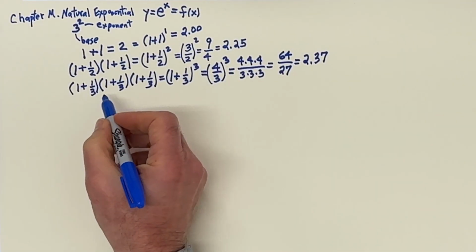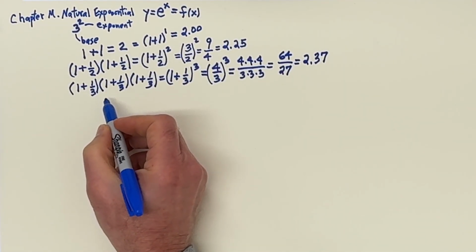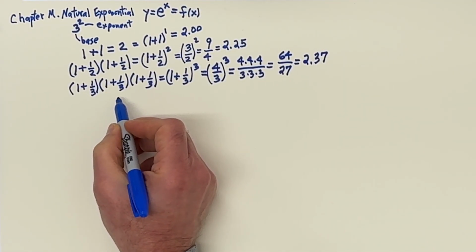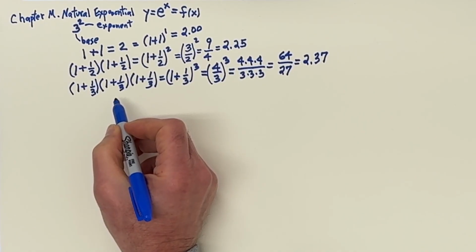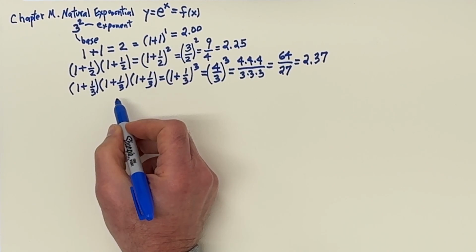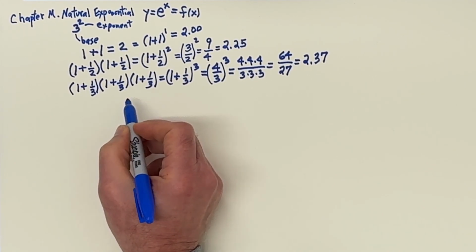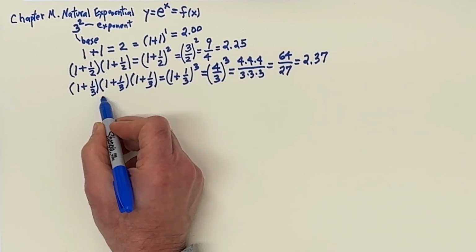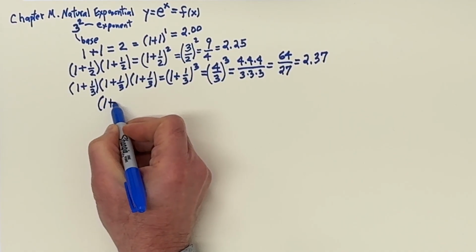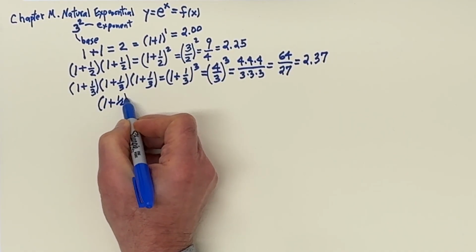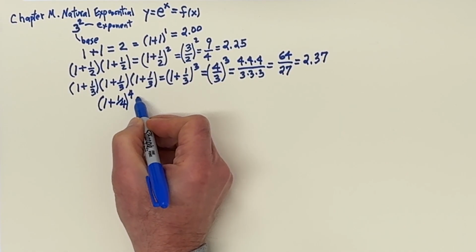And let's now go to one more case where we have every 3 months, we apply 25% interest. In other words, you get a quarter of our money back every quarter of a year. So that would give us 1 plus 1/4 to the 4th power.